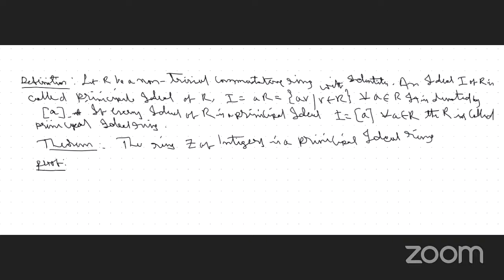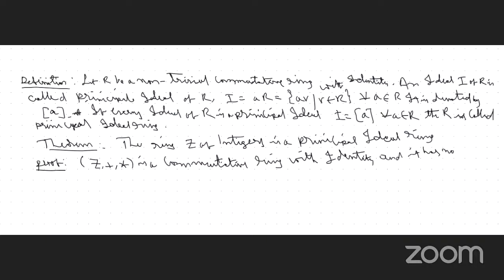So the triplet Z, plus, star is a commutative ring with identity, and it has no zero divisors.